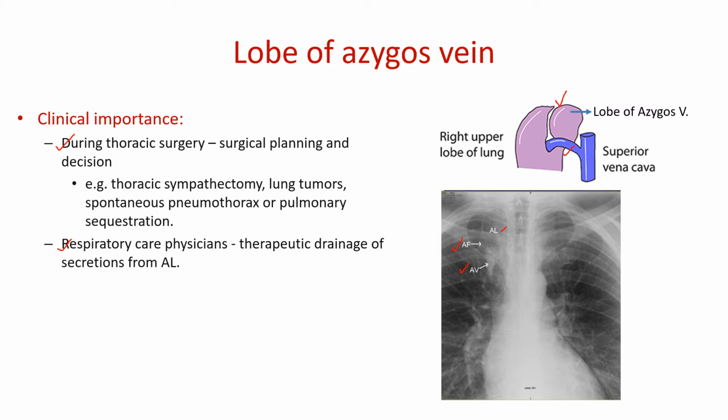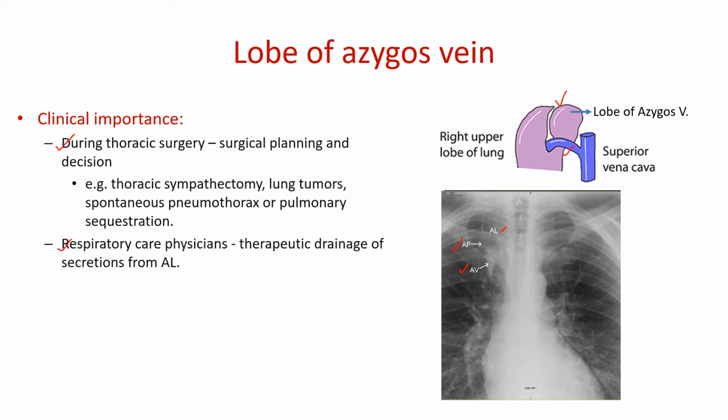So this mesoazygos forms an indentation of the lung and its overlying pleural layers by the azygos vein and forms the mesentery, which consists of two folds of parietal and two folds of visceral pleura.